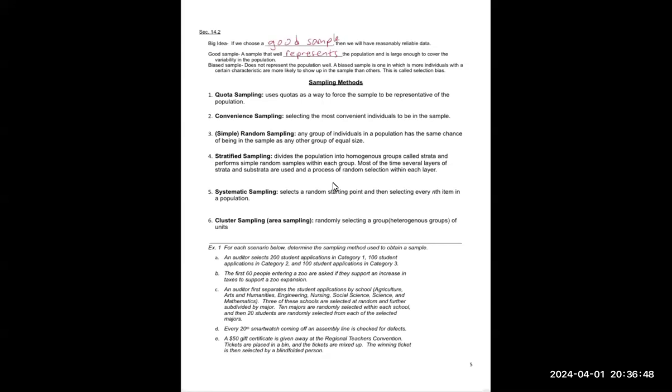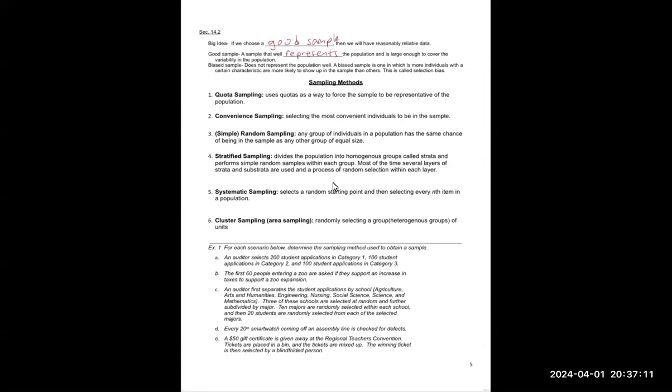Another acceptable way to sample that uses the random sample idea is stratified sampling. You're still dividing up the population into groups, so maybe think of the states.